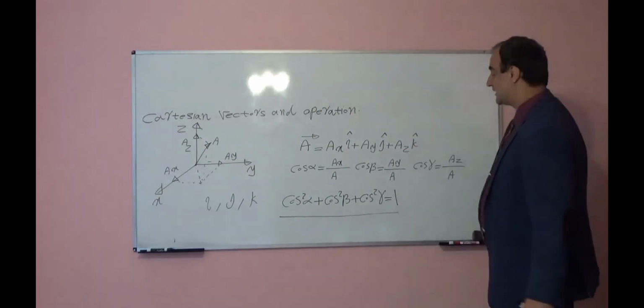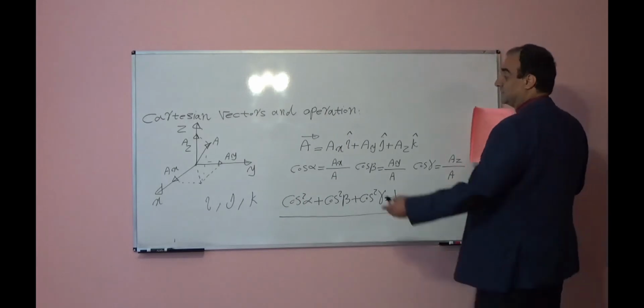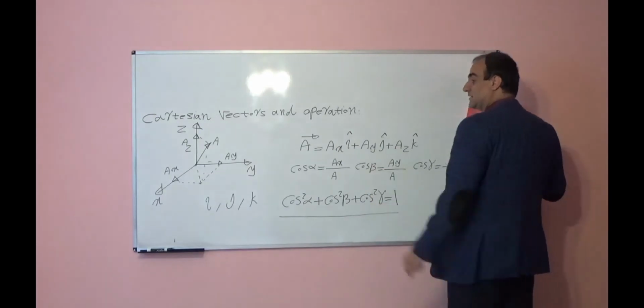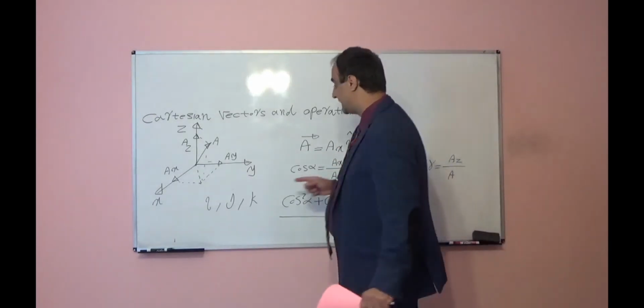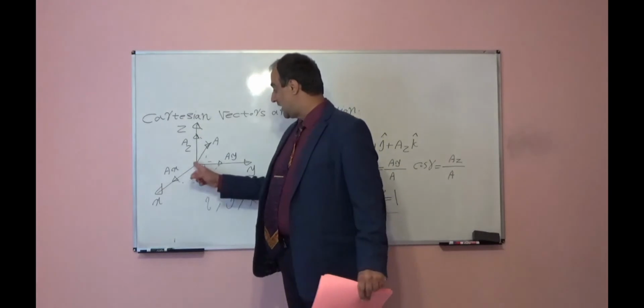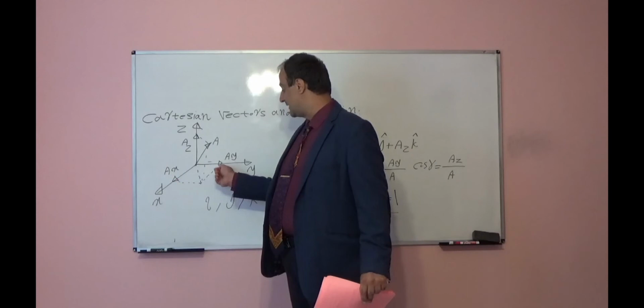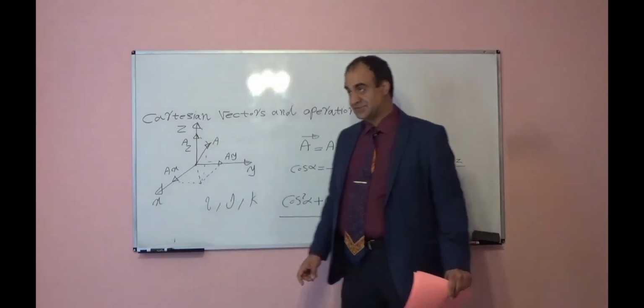Why can I write this? Let's see. Here, if I represent vector A in Cartesian vector form in terms of unit vectors, as I mentioned, i is the unit vector in the x direction, j is the unit vector in the y direction, and k is the unit vector in the z direction.